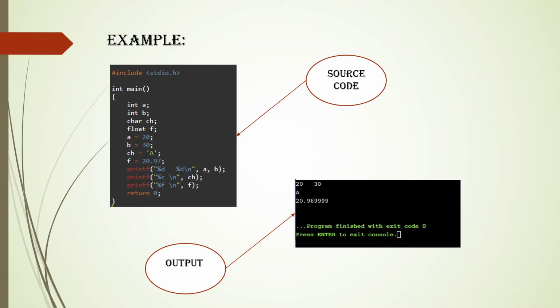We have got the respective values as assigned. a was assigned 20, b was assigned 30, and they have printed 20 and 30. ch was assigned the character a, and ch has printed a, and f was assigned 20.97. So it has given 20.9699 because floating point gives the default value up to 6 decimals. That's why it has given the output like this.